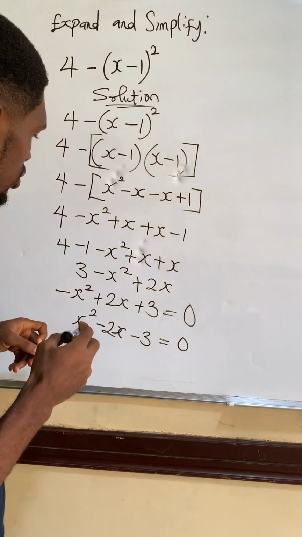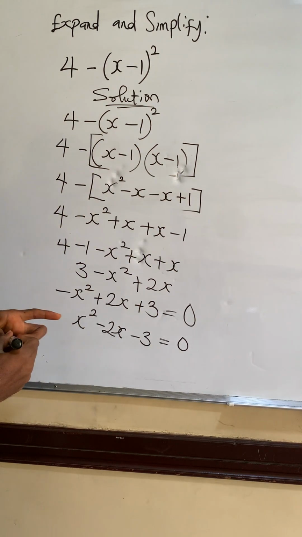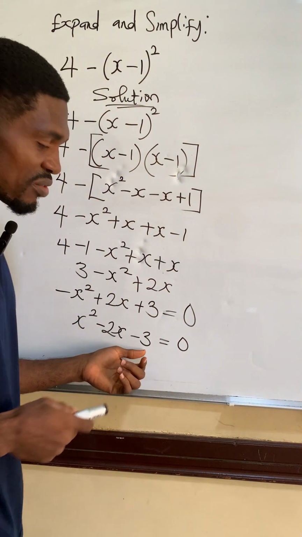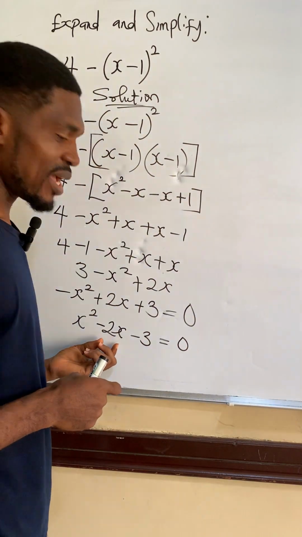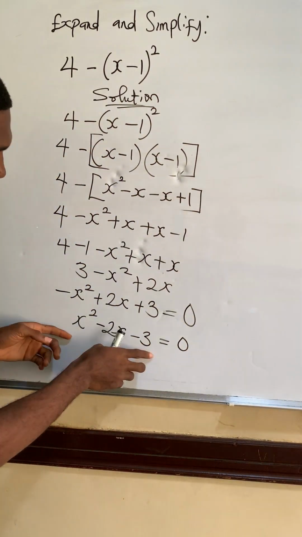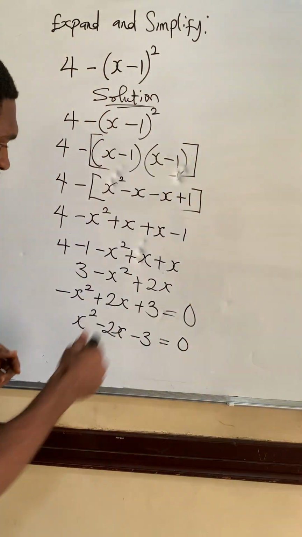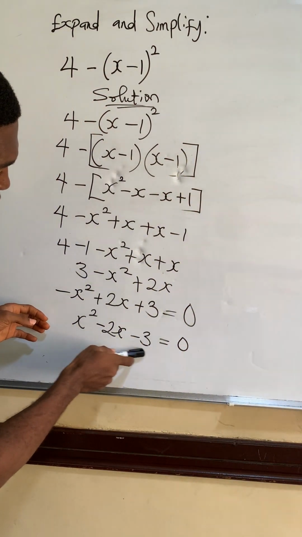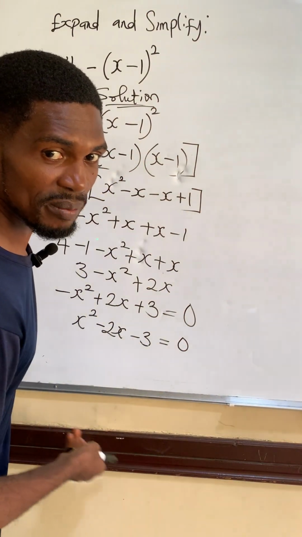Okay? So here, we now look for two numbers that when you multiply them, will give you 3, and when you add them up, will give you 2x. Normally, we could have stopped here, but it is important that we solve further, because we have to simplify it. Well, we can actually stop here because we're actually simplifying, but let us solve further.